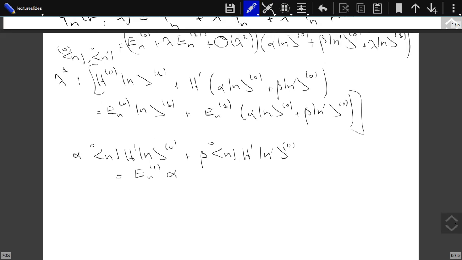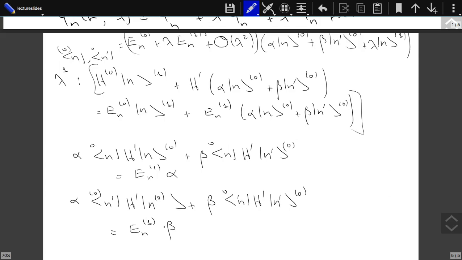Now, if I multiply by n prime, what I obtain will be alpha ⟨n'0|H'|n0⟩ plus beta ⟨n'0|H'|n'0⟩. This should be equal to En1 times beta.